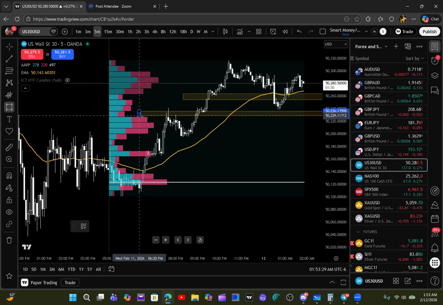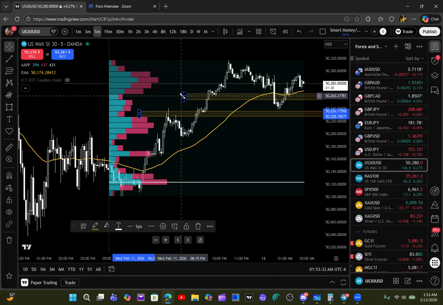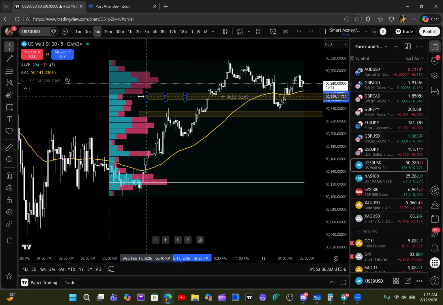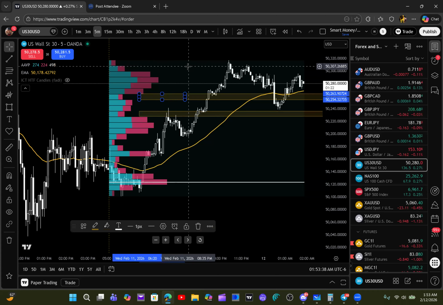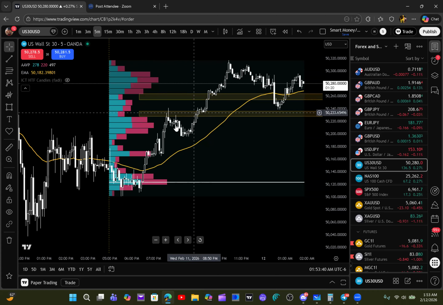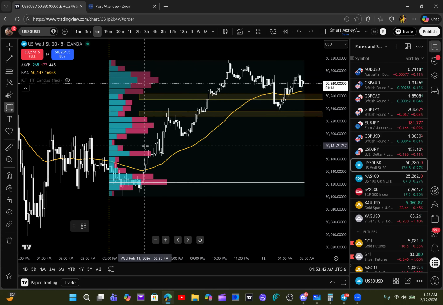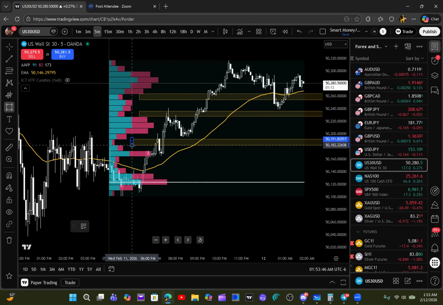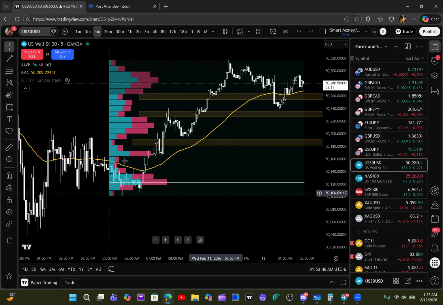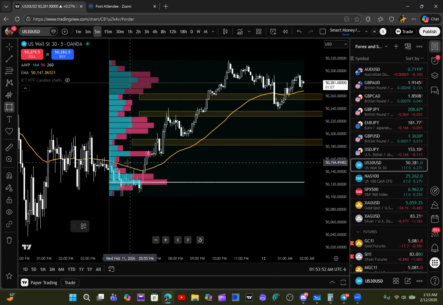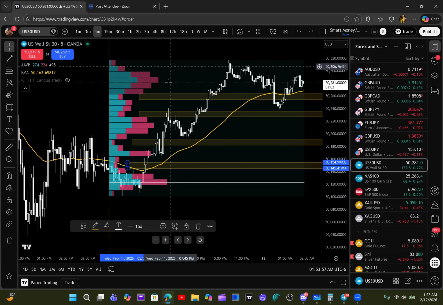I'm going to try to put it a little closer to the actual volume profile, the actual indicator, so you can see where it's going through. You got this one. Got this one. This one broke through and never came back yet. So those are some to watch.